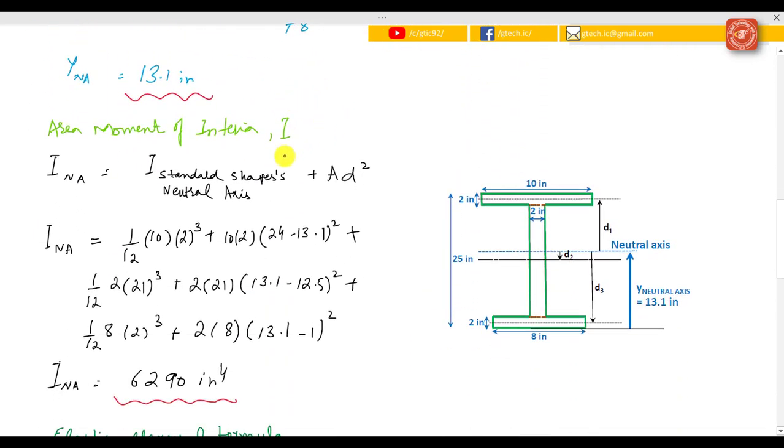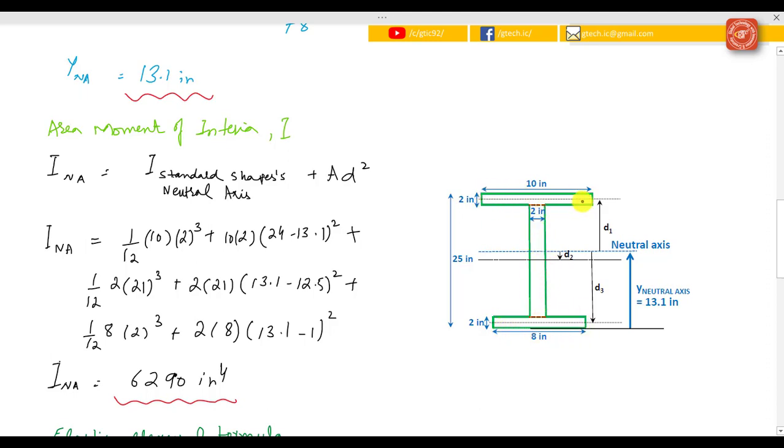For calculating the area moment of inertia, I am using the parallel axis method. We know from the formula that I equals I of the standard shape about its own neutral axis plus A times d squared. So first calculate the area moment of this rectangle, then this rectangle, and then this rectangle.